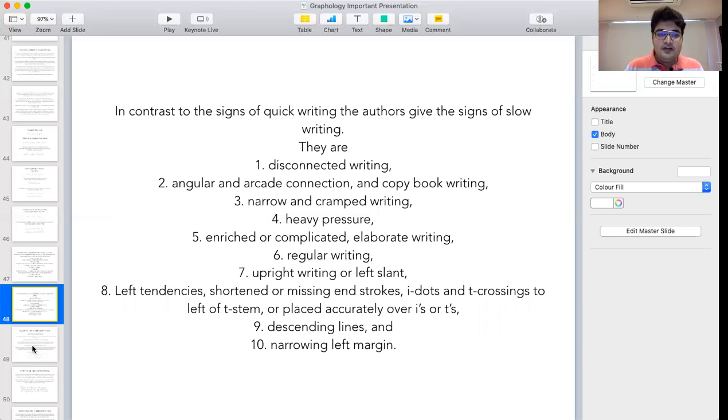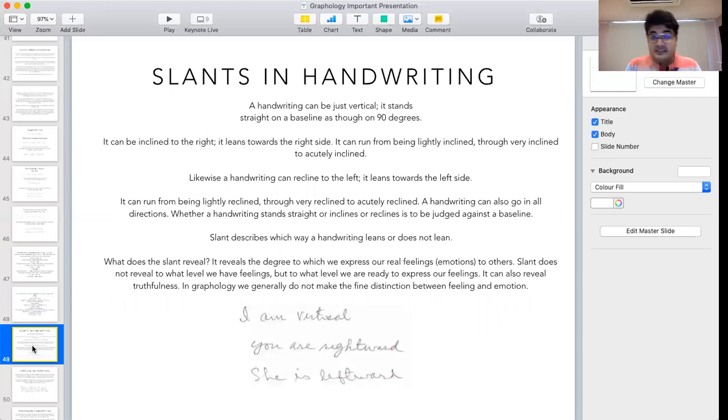Moving on, different slants in handwriting. So a handwriting can be just vertical. It stands straight on the baseline as though on 90 degrees. It can be inclined towards the right. It can lean towards the right hand side.